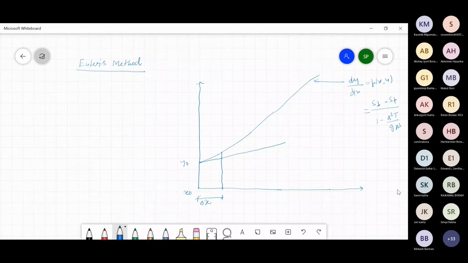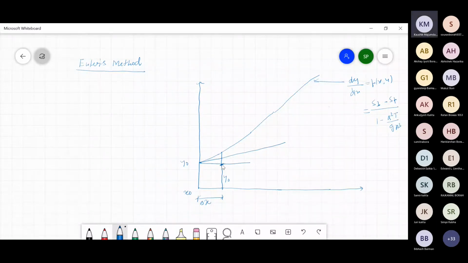We know this value. This is the horizontal line. If this is y naught, then this is also y naught, isn't it? If I draw a horizontal line, this depth is y naught, and up to this much is also y naught, isn't it?